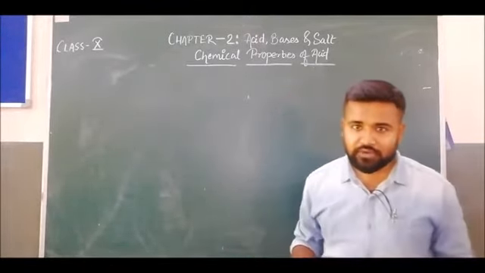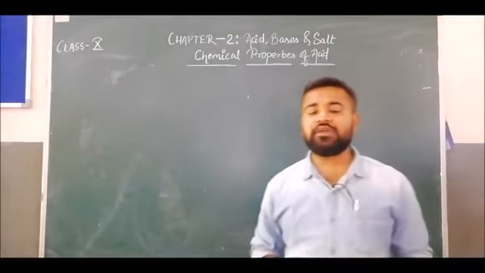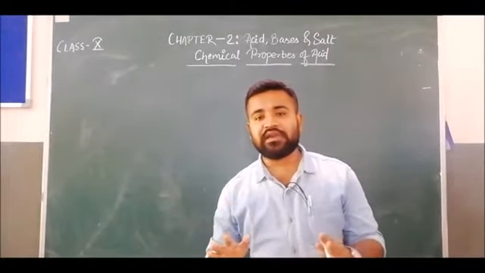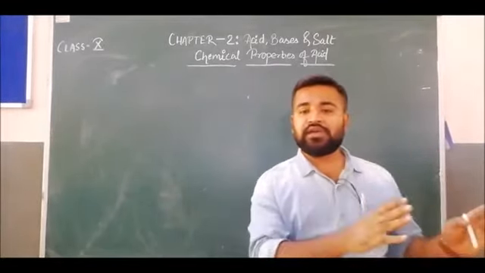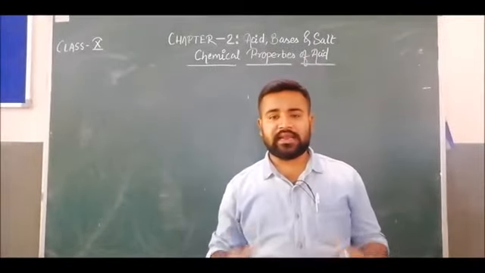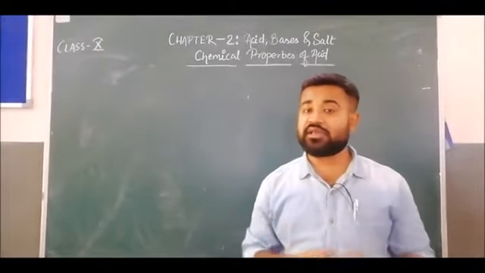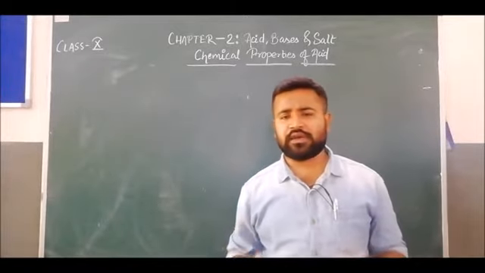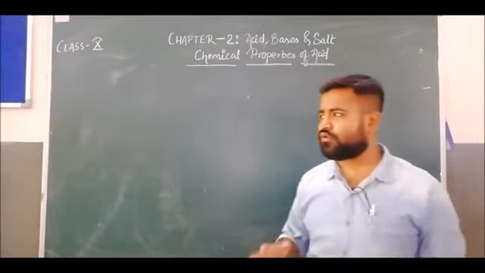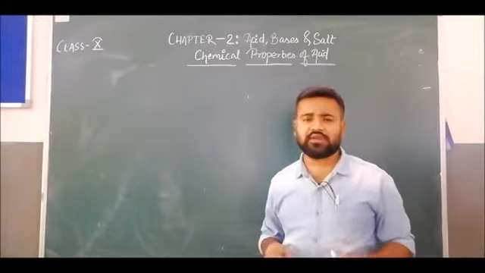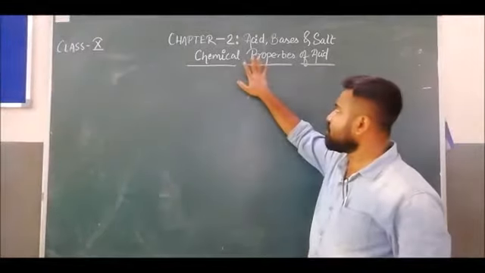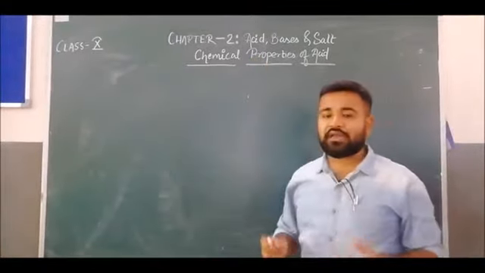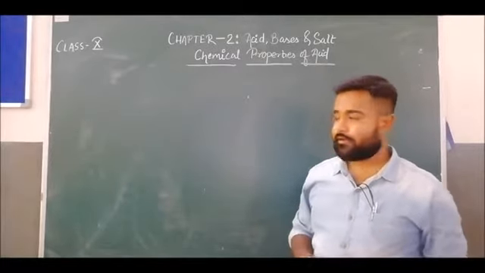The chemical properties of the new substance are completely different from those of the reactants, and that is called a chemical reaction or chemical change. Clear? In class 9 you have also studied chemical change. So you know what a chemical change and a chemical reaction are. In this chapter we will discuss the chemical properties of acids.